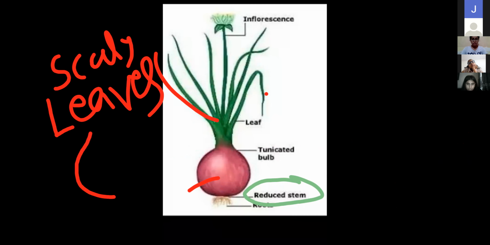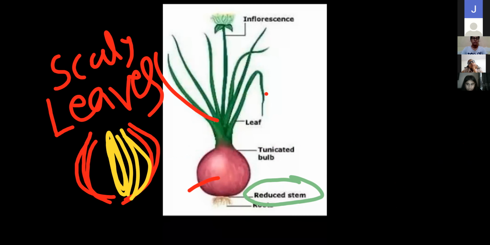The outermost covering of the onion, which we actually remove, is a thin papery structure. But the innermost part, in which the stored food is present, is the edible part.